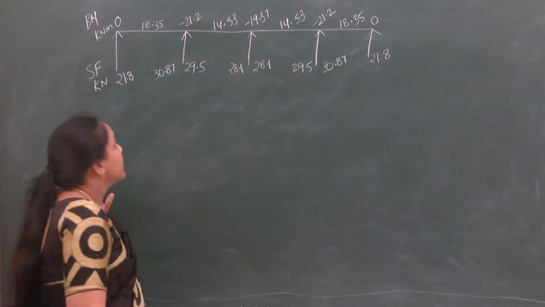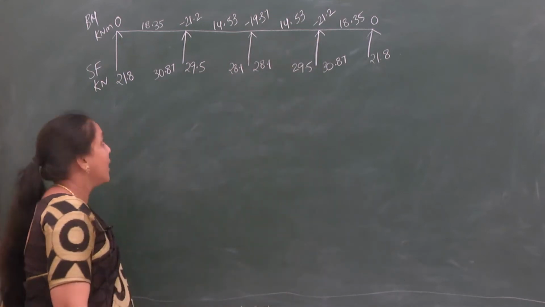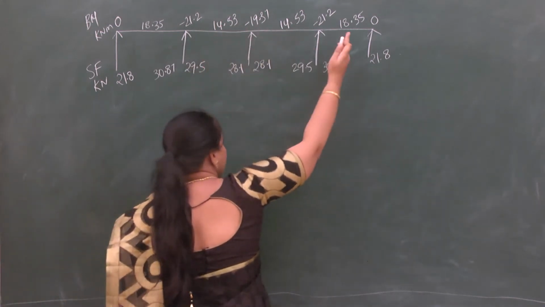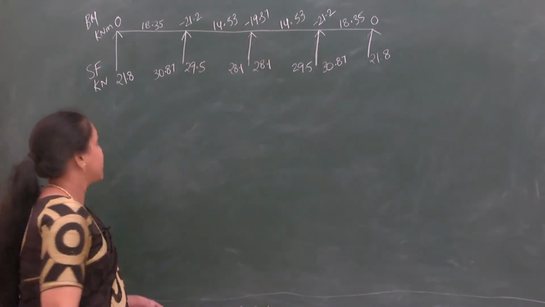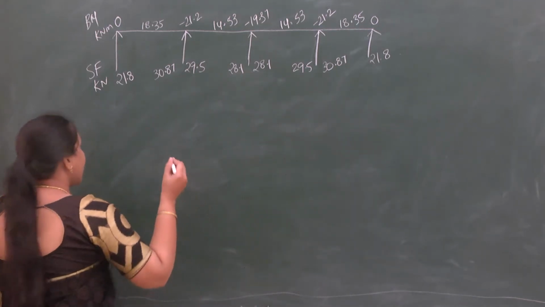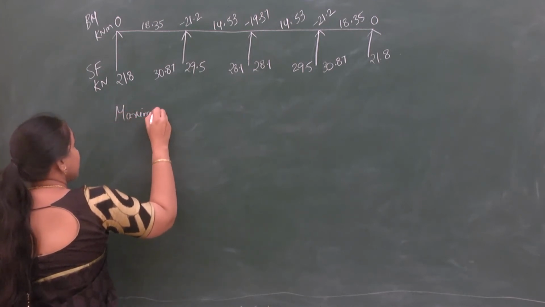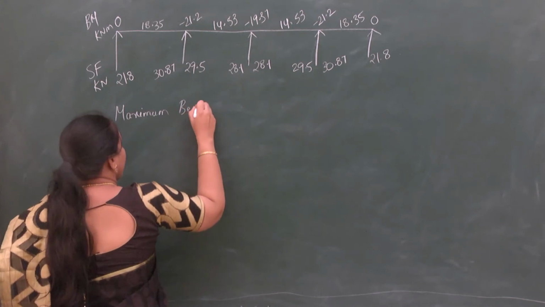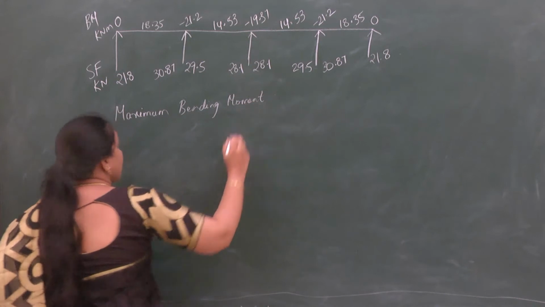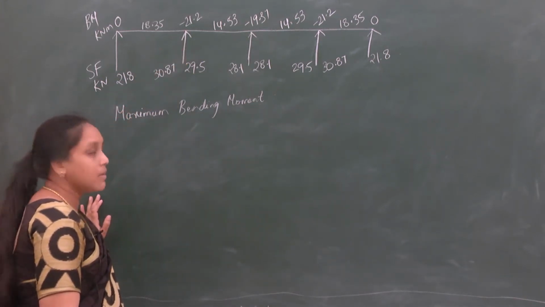That is the negative moment we are having at the supports, and at the center of the spans we have the positive bending moments, and these are the shear forces. So from this what can we observe? We can observe the maximum bending moment. So where is the maximum bending moment here? 21.2 kilonewton meter is the maximum bending moment.